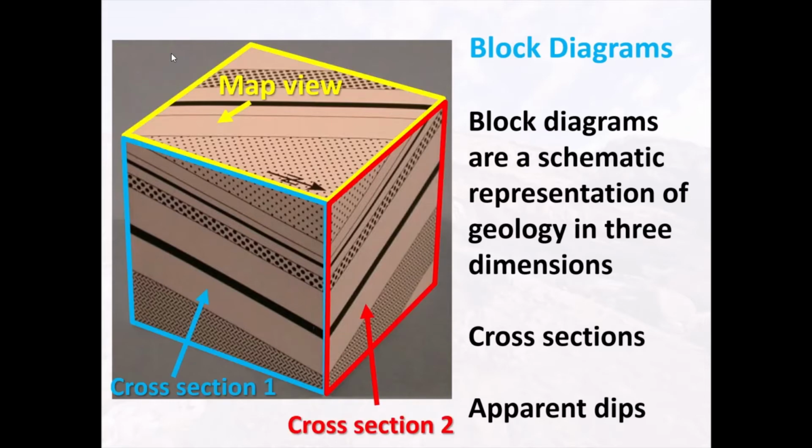So to highlight those, the top view is our map view, and the other faces of the cube are our cross sections, and they show what the subsurface geology would look like depending on orientation.